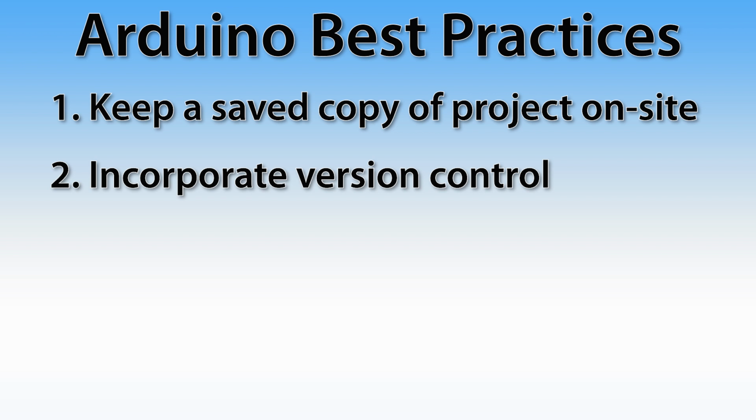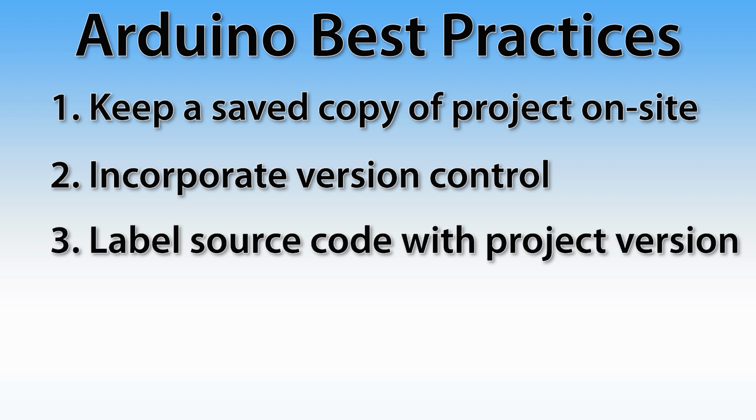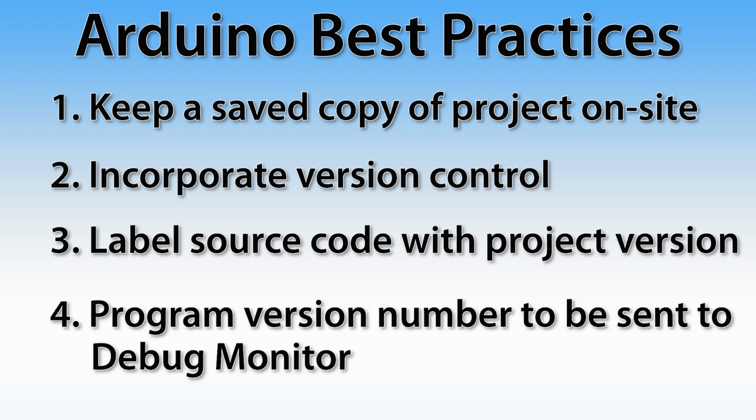Some other best practices are labeling project source code with a version number and/or date code, and then programming this information to be seen from the debug monitor or other means of communication. Now, for some of you OEMs, the fact that you cannot suck the project out of an Arduino may be a positive, as this will help in protecting your intellectual property.